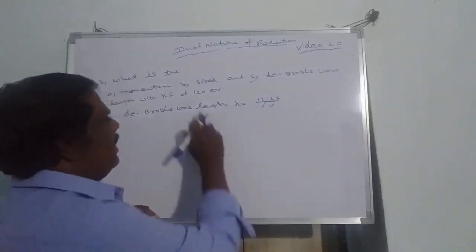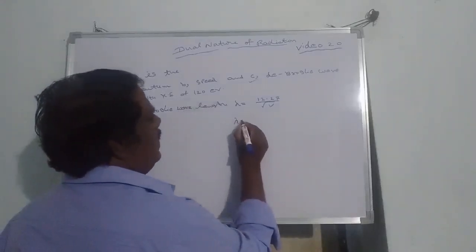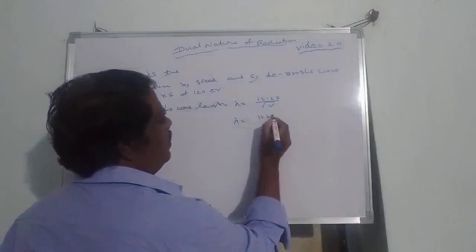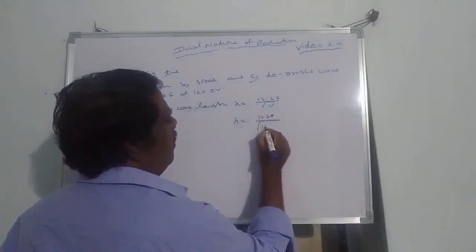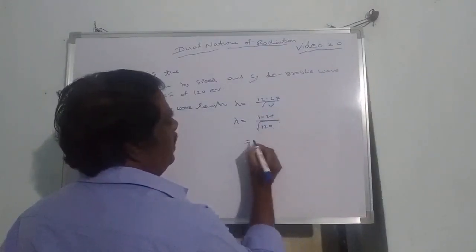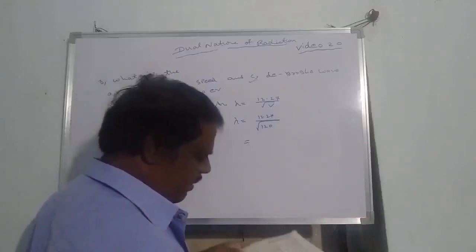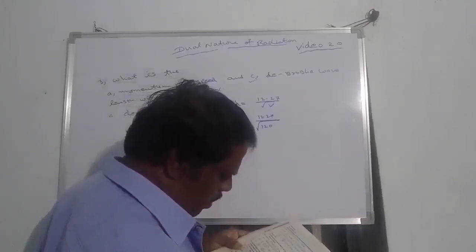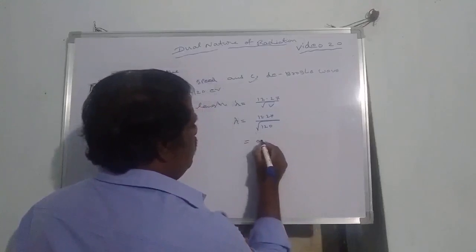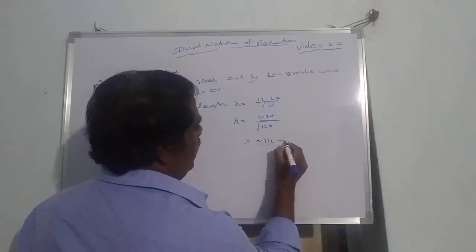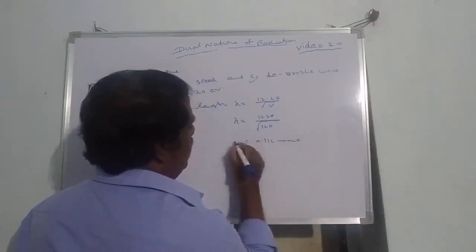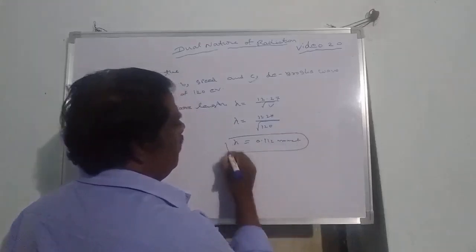But here they have given the potential difference in electron volts: 12.27 by root of 120 electron volts. On solving we get the value 0.112, directly in nanometers. That is the de Broglie wavelength.